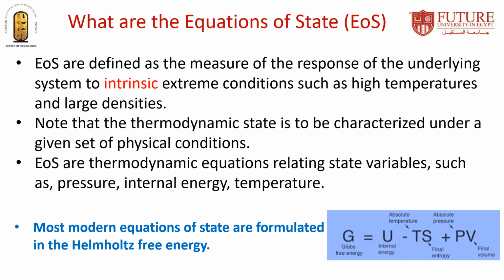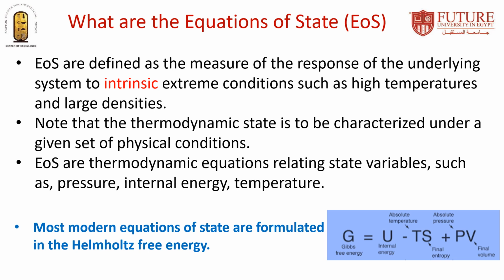What are the equations of state? They are a measure of the response of our system to some extreme condition like temperature, like density, and so on. The response is the equation of state.